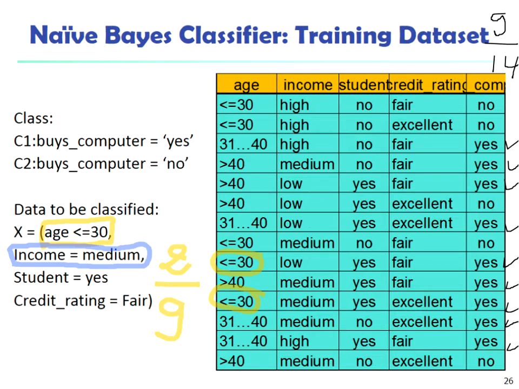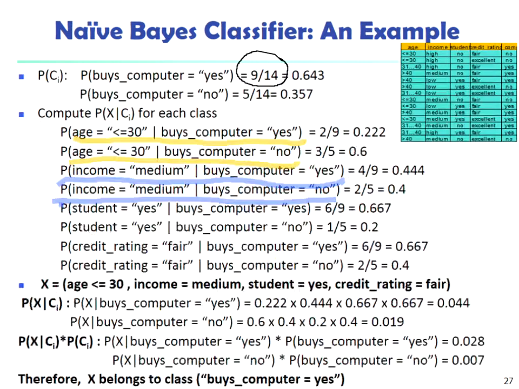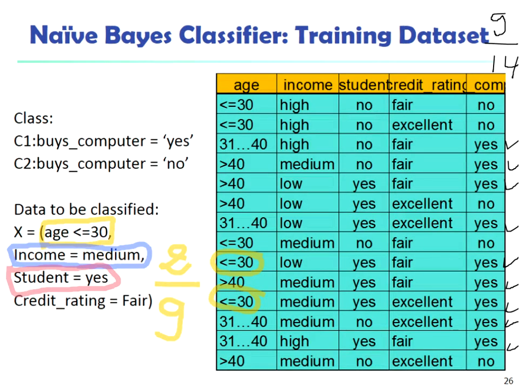In the same manner for student equal yes, we will calculate the two probabilities, this one and this one, and the last one is credit rating fair.